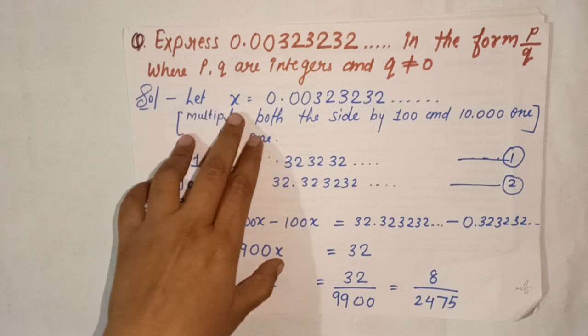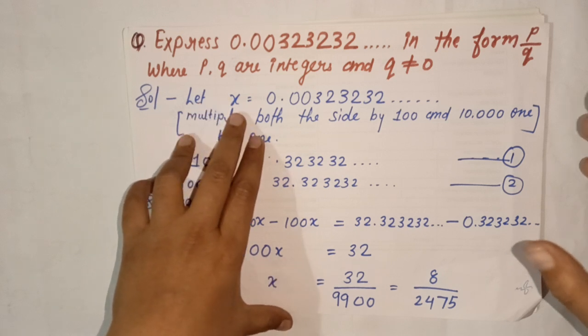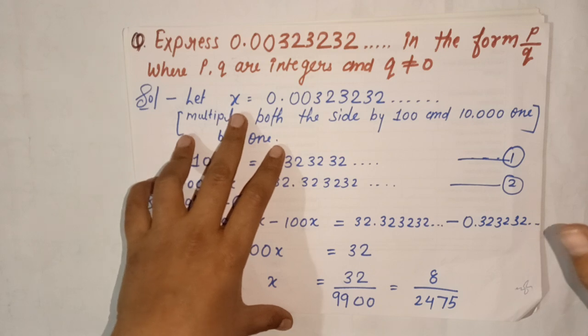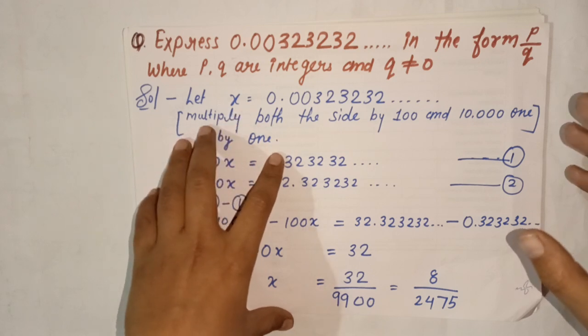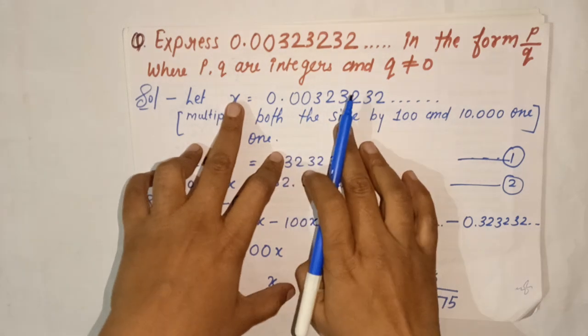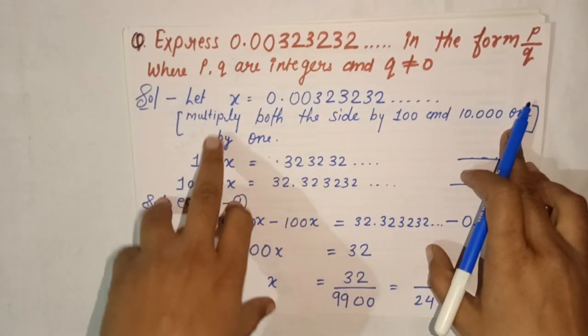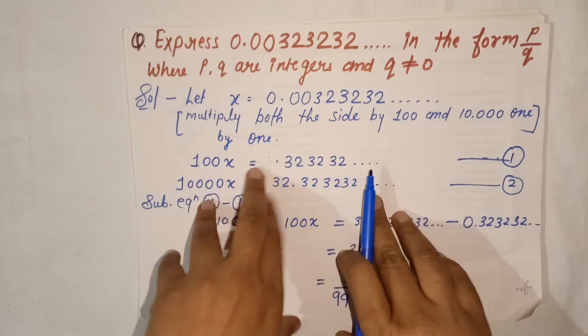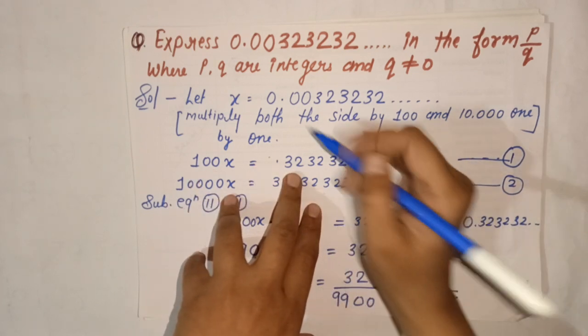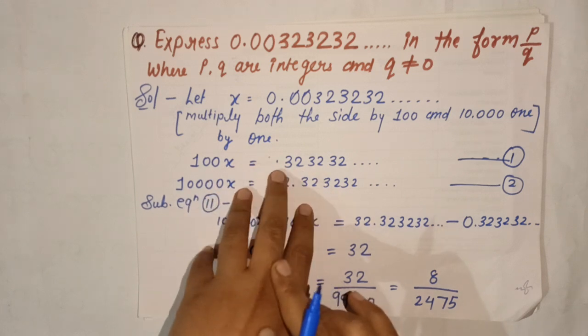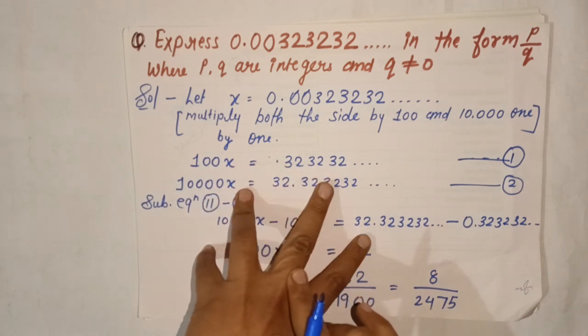So suppose we consider it equal to x. So x is equal to 0.00323232. Now multiply both sides by 100 and by 10,000. In the first equation, we have multiplied by 100, so we shift the two zeros, and we get 0.323232.